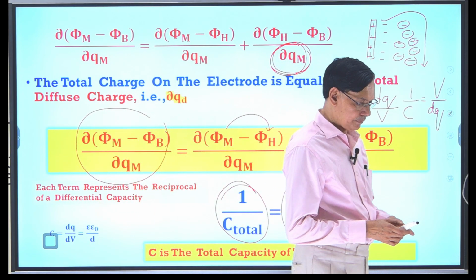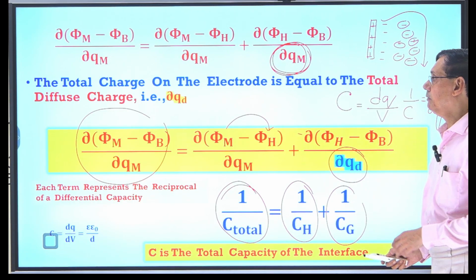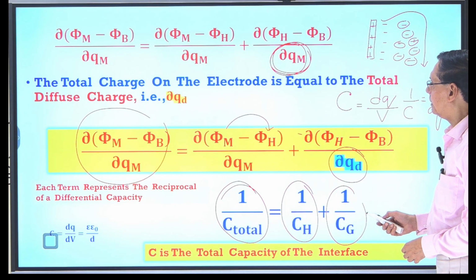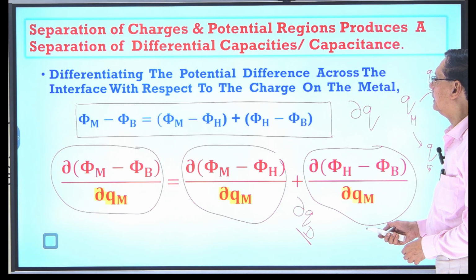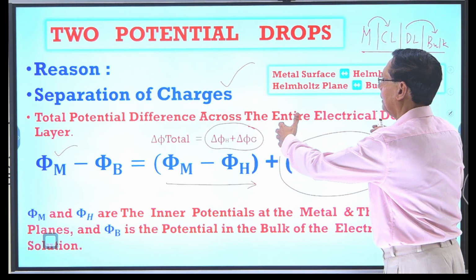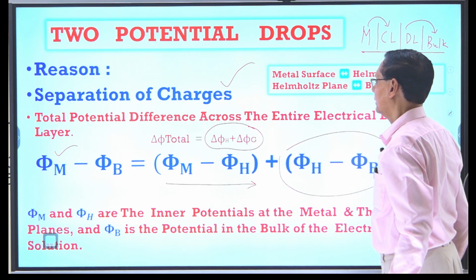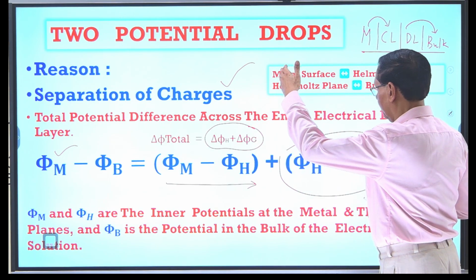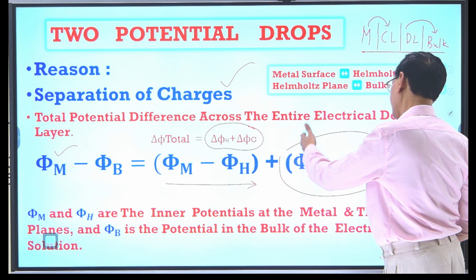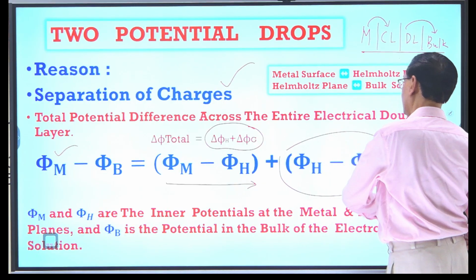Now lastly, I will discuss the importance of this work. Again, I just repeat, it is very simple. You have to first write the entire total potential difference, and because there are four parts: metal, Helmholtz compact layer, then diffuse layer, and then electrolyte solution.